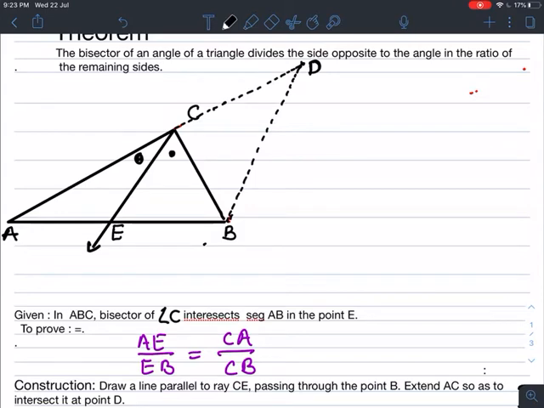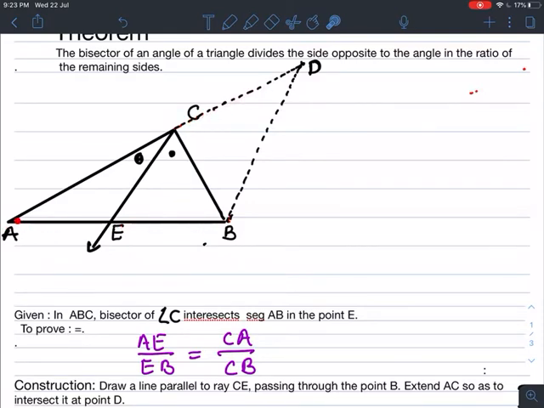Why did we make this construction? Observe triangle ABD. If this line is parallel to this, we can use the basic proportionality theorem here. In the next video I will tell you about the basic proportionality theorem.